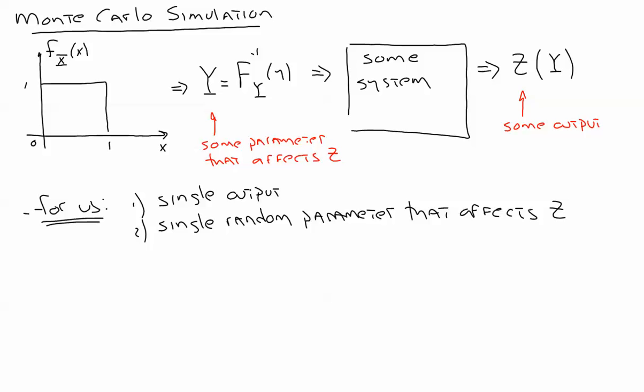My single output may have multiple fixed parameters that it depends upon, but it's going to depend upon only one random parameter. And for us, we're going to assume that the random parameter behaves according to a well-known probability density function that we've already been talking about.